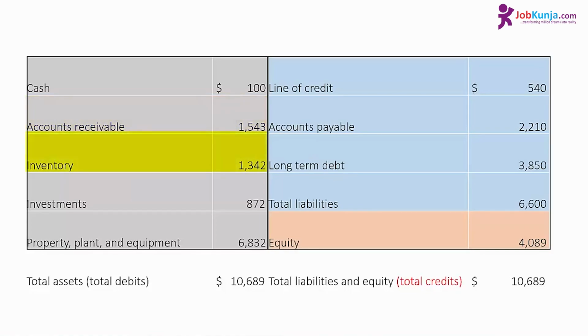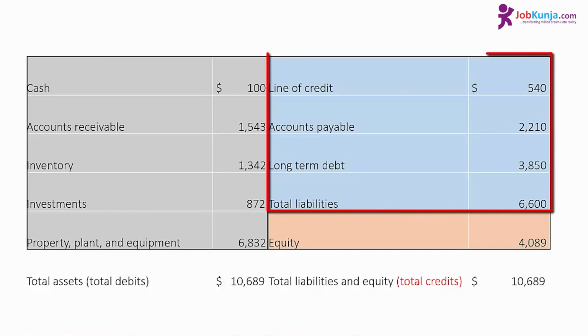We have inventory of $1,342 and some investments worth $872 and property, plant, and equipment worth $6,832. The total value of all the assets in the business is $10,689. But we aren't entitled to that full amount because we owe other people money for some of these assets.